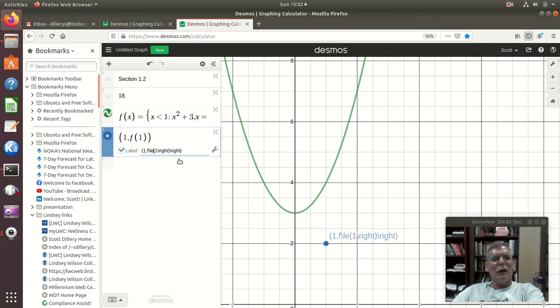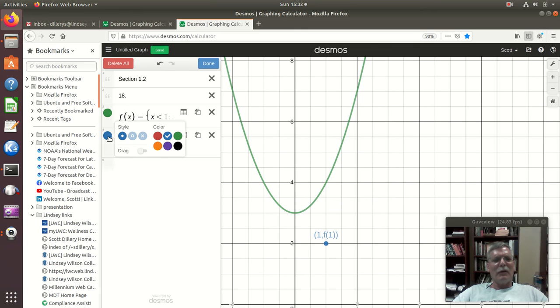So I could get rid of all that stuff that I don't want, and I could try labeling it like that, and there you go. There's a nice label for that. It's very light in color, so I could go here and say, let's label it black.